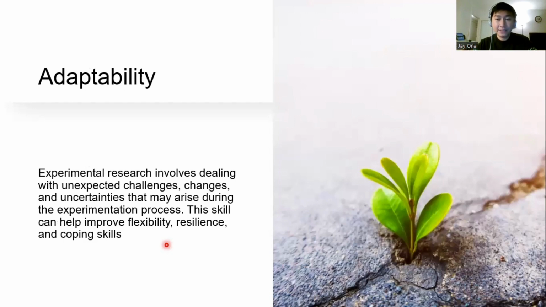And also adaptability. Of course, there are many challenges when you're trying to come up with experiments or some analytical methodologies that may not be available. So this is where we look for other resources and alternative methods. It measures how well our students can adapt to sudden changes during the experimentation process.